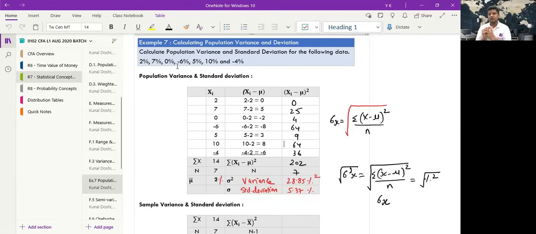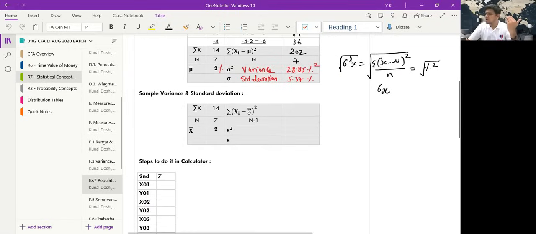I'll repeat: larger size of the sample means larger n, and the more closely it represents the population. But guys, the lower the size of the sample, the further it is away from the population.